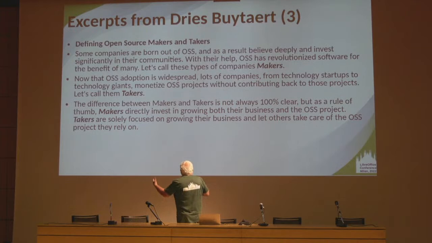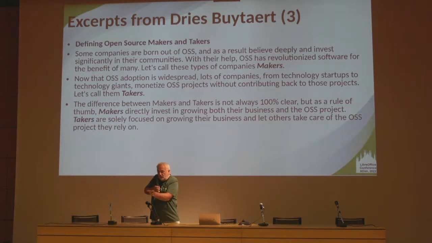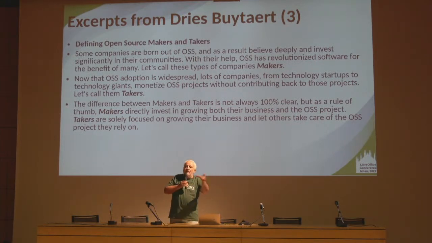But the difference, he says, as a rule of thumb, is that makers invest in growing the company and open source, and takers are growing the business and let the others take care of the open source part, which I think is basically okay.